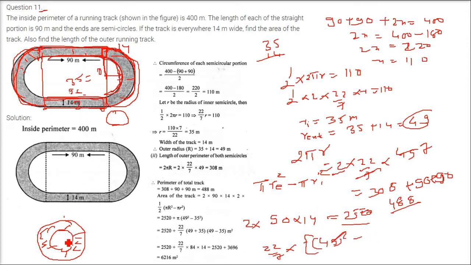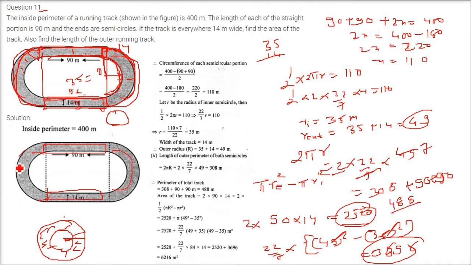This is the outer one, 49, and this internal one is 35. So 35 whole square. So when you solve it, it will come as 3696. So you have to add 3696 with this 2520. That means you add these two with these two, and you get the answer as 6216 meters square.